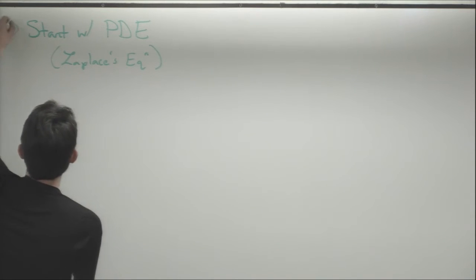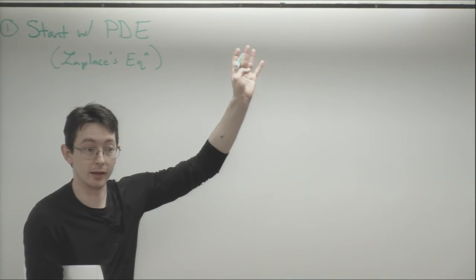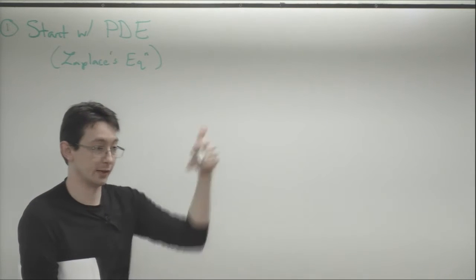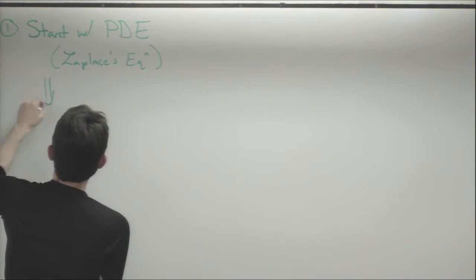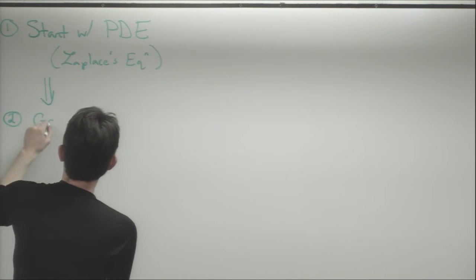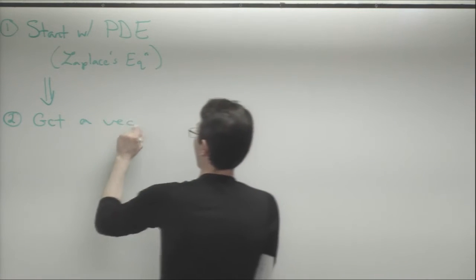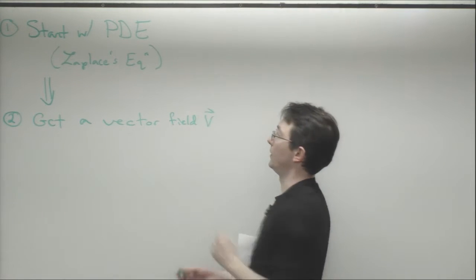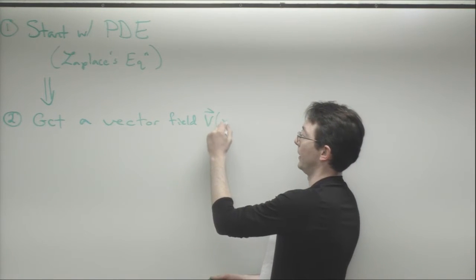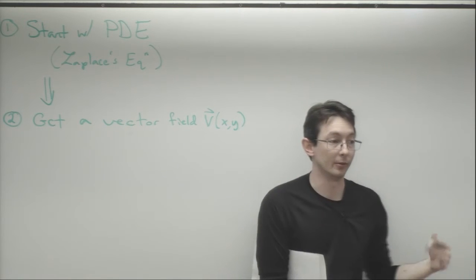So one, we write down a PDE that has some properties we like. We want a flow that has no rotation and is incompressible, for example. And then we're going to get a vector field, V. This is going to be a vector field in the plane of two spatial variables, x and y.